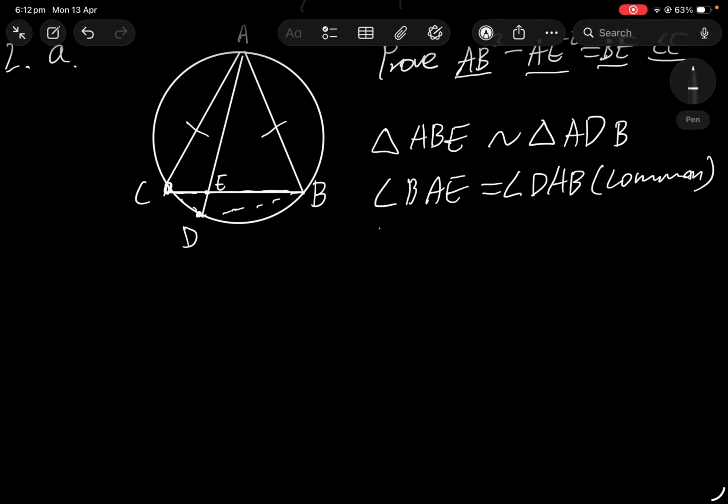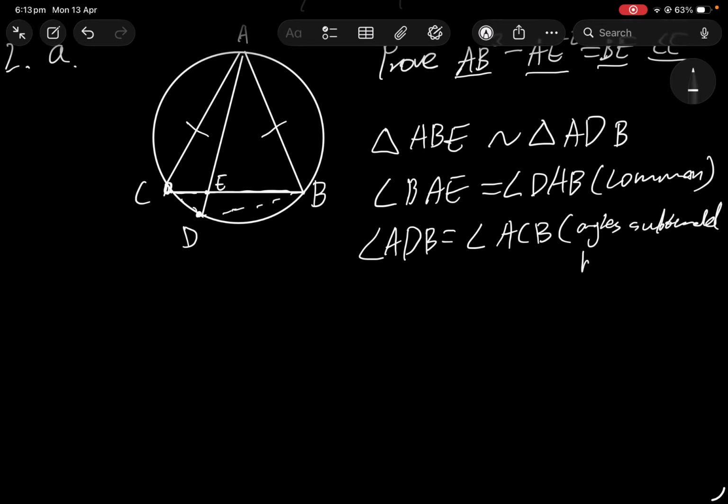We can basically write how ADB will equal ACB because of angles subtended by same arc.